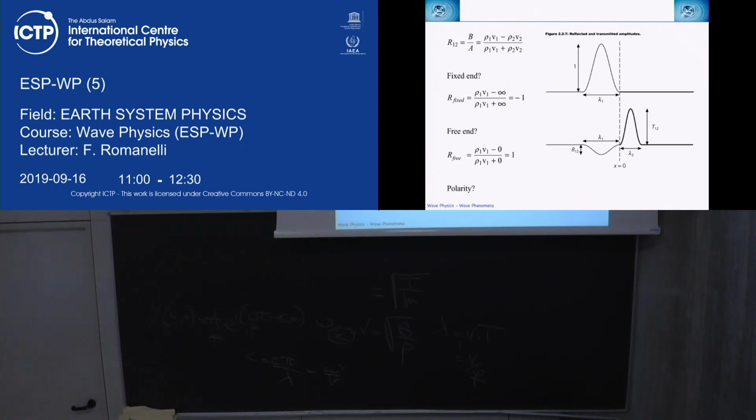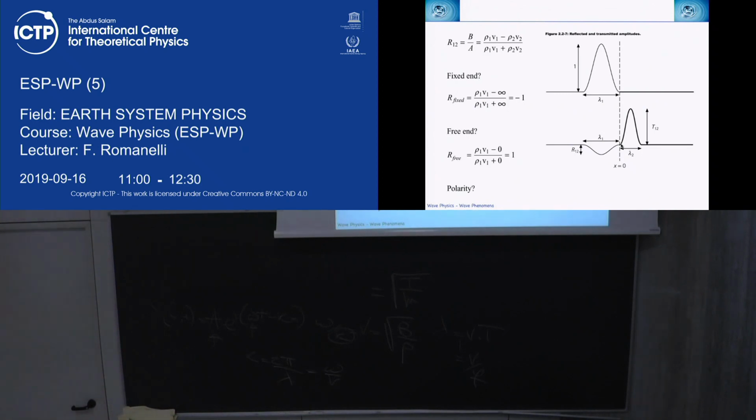No. If it is free, there is no phase reversal. If it is fixed, all the energy is coming back and it is phase reversed. Now, in this case here, the reflection is reversed, but why? It is fixed, I think. No, it's not fixed. That's welded contact.